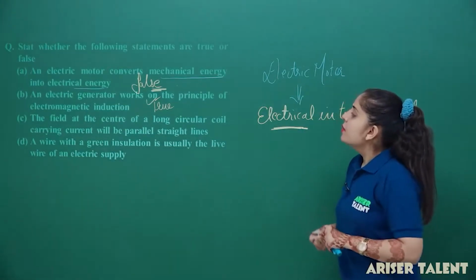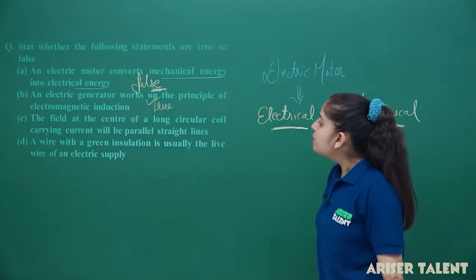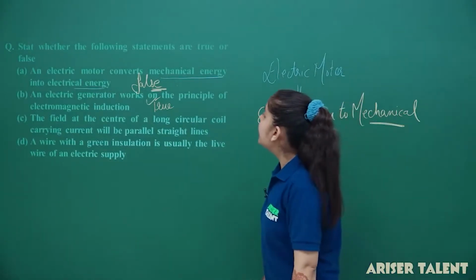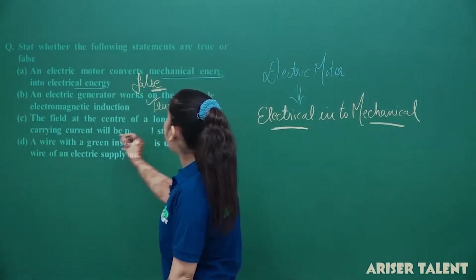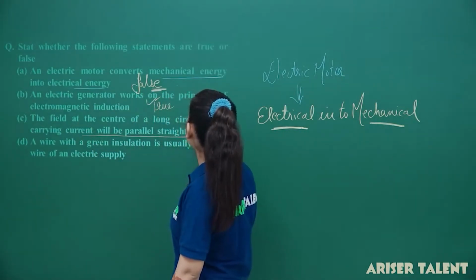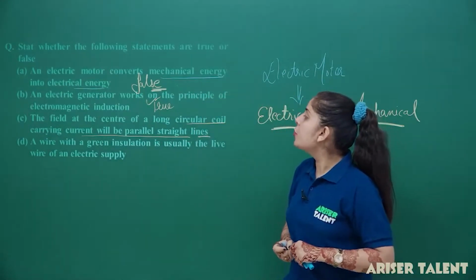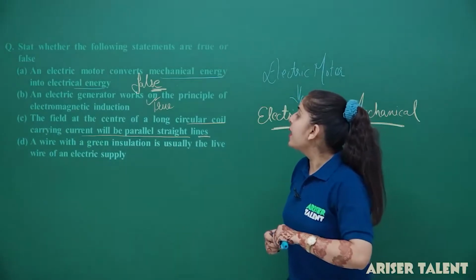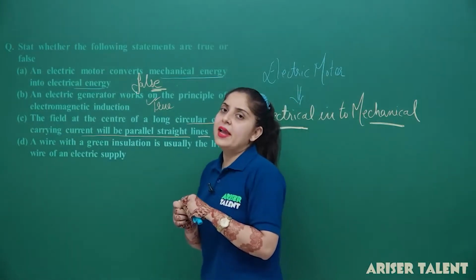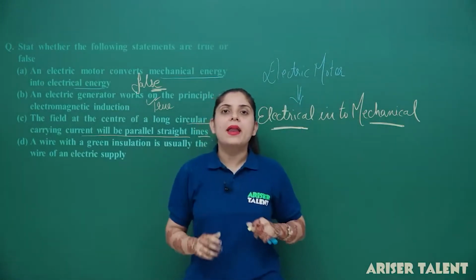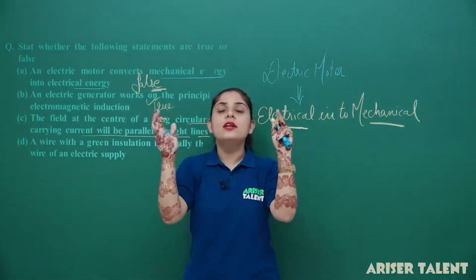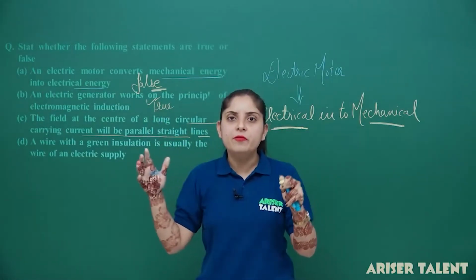Now, let's see the third question we have. The field at the center of a long circular coil carrying current will be parallel straight lines. In the case of a long circular coil, at the center we will get parallel straight lines, but at the corners we will get circles of different radii.